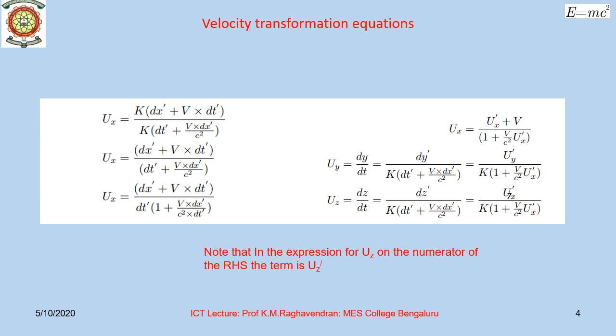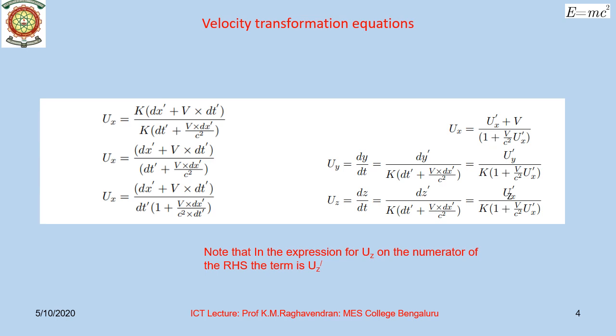Cancelling k, we obtain ux = (dx' + v dt') / (dt' + (v/c²)dx'). Taking dt' as a common factor in the denominator, we obtain ux = (dx' + v dt') / (dt'(1 + (v/c²)dx'/dt')).